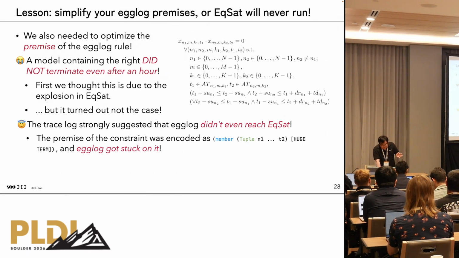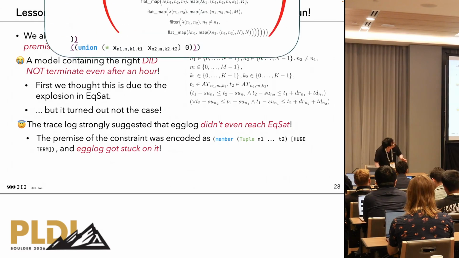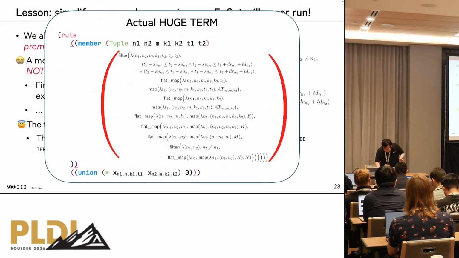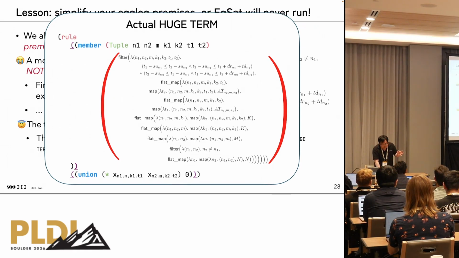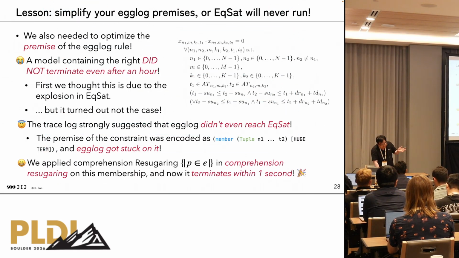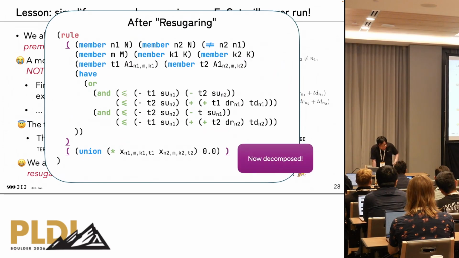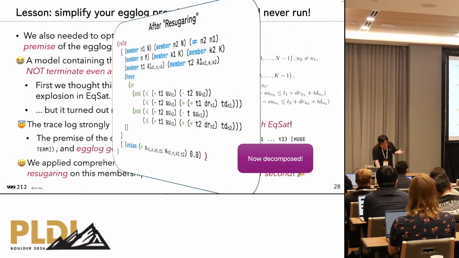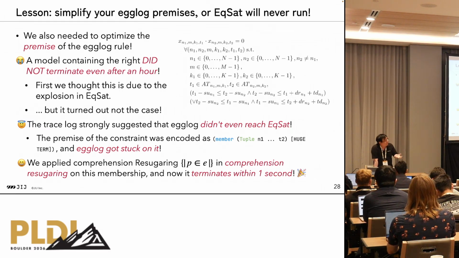The issue was that a constraint's premises had been encoded as a single membership like this. Yeah, it's quite huge, and Egglog got stuck on this. The fix was to apply the comprehension ensugaring from the first part, and it gets like this. Now it's decomposed into several conditions, human readable and really debuggable. And now Egglog gets happy with it and terminates in less than 1 second.